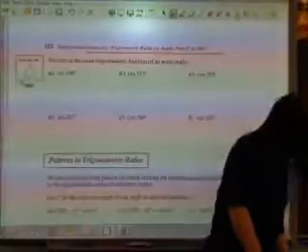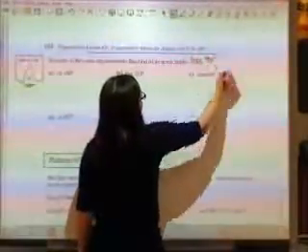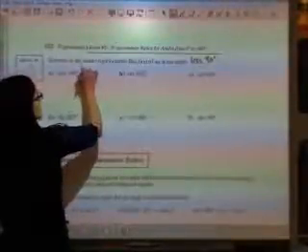So we're going to do this last set of examples. Rewrite as the same trig function of an acute angle. Remember, an acute angle has to be less than 90 degrees. So if I'm looking at 140 degrees, which quadrant am I in? Quadrant 2.